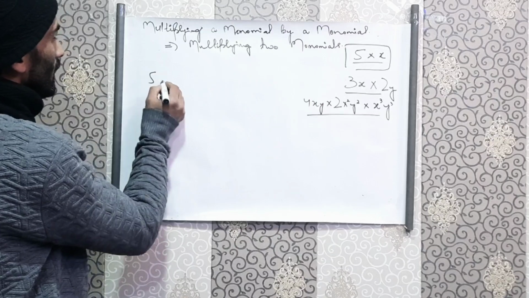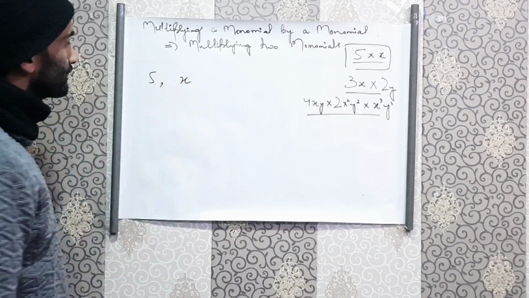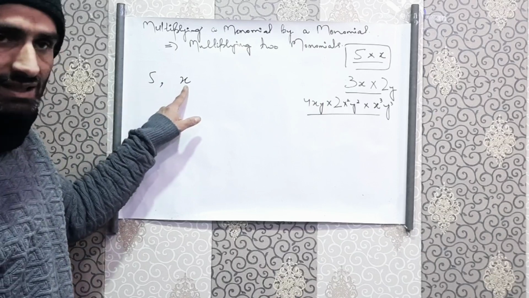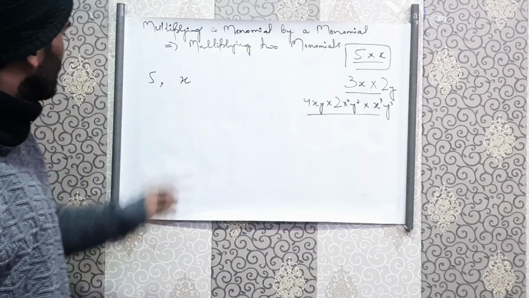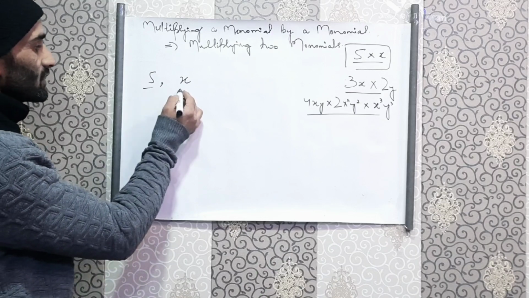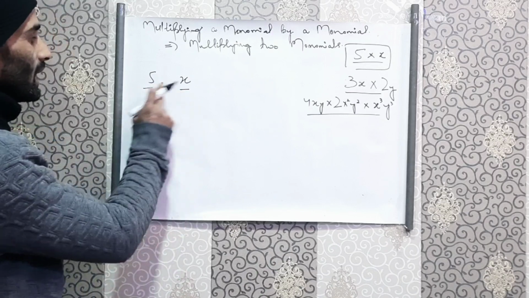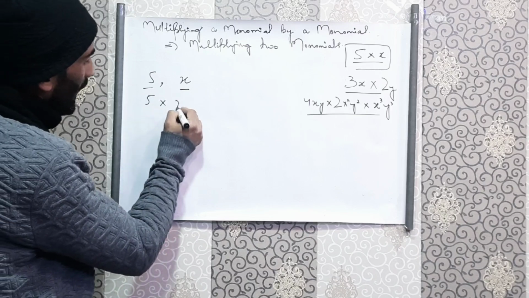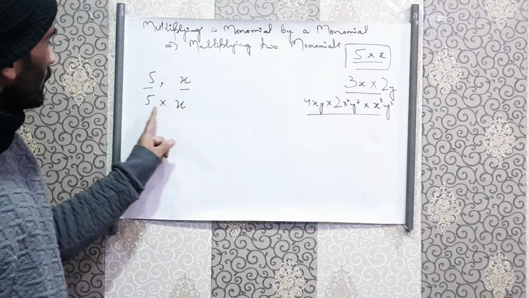Just see, my dear. First of all, the first example is here: 5, x. 5 is alone here, a constant, and x is only a variable, meaning this one is also one term, and this one is one term. Monomial by monomial, that is 5 into x.